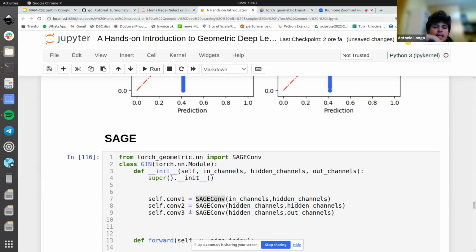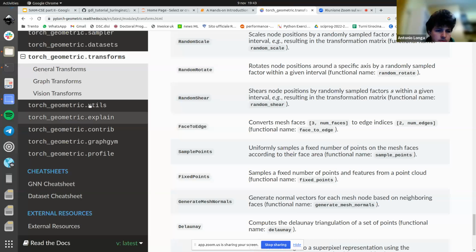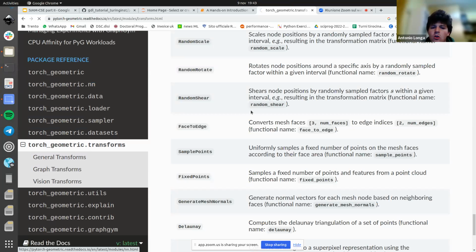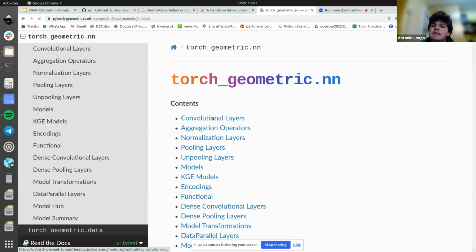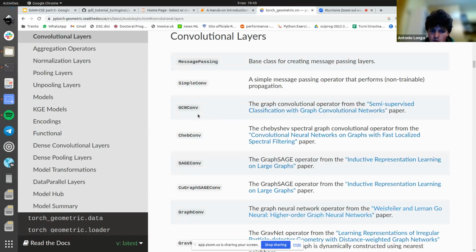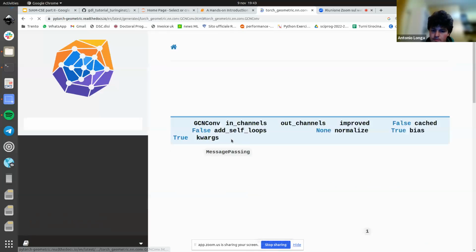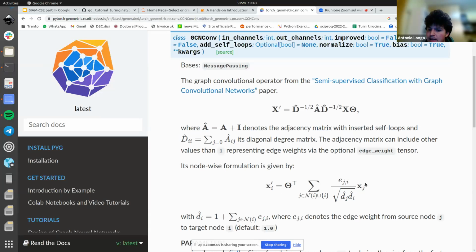Sage has its own implementation, you can see the details here. So let me show you here, maybe we have some more details. The idea is that the GCN convolution simply aggregates information from the neighbors, with a normalization over the degree.